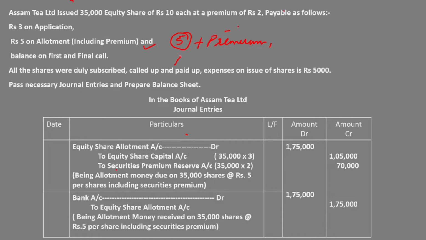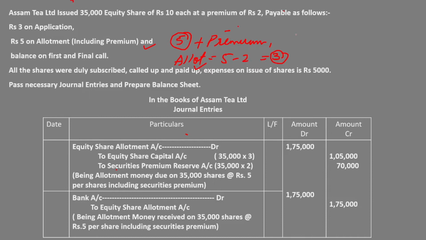Now allotment will be 5 minus 2, because the premium value is 2. So the remaining value is rupees 3. This rupees 3 will be considered for the value of allotment. You have to multiply the value of allotment by 3 and the value of premium by 2.